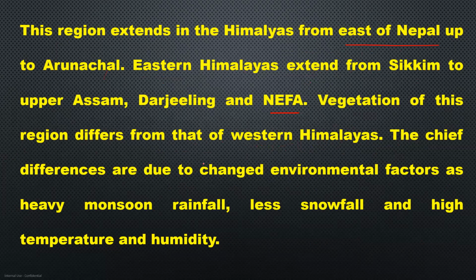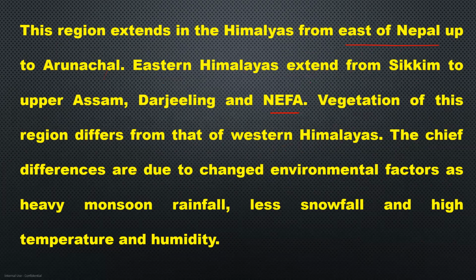The chief differences are due to changed environmental factors. And remember, Western Himalayas is a little more drier and the greenery is more in Eastern Himalayas because of greater rainfall, little lesser temperature.